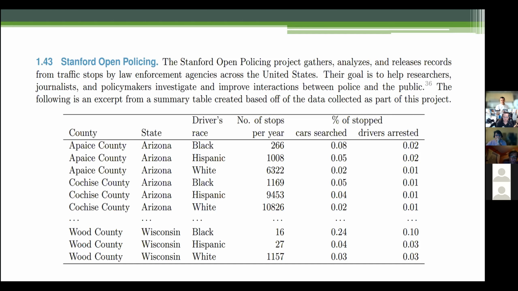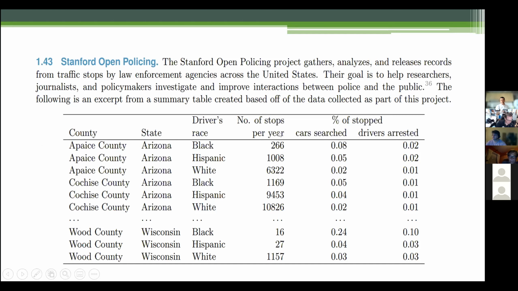The raw data, which is not made available, I would imagine is essentially a table which looks like this, but instead of numbers for car search or drivers arrested, you have a yes or no. The number of rows or records for this raw data is the sum of these numbers here.